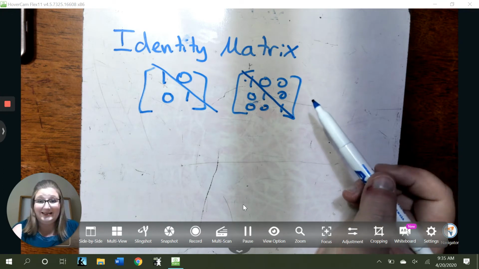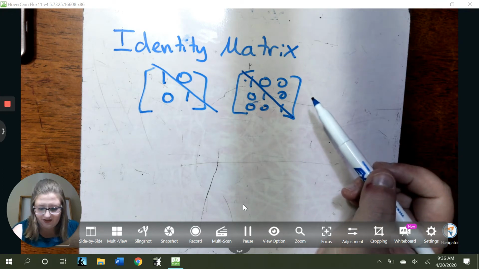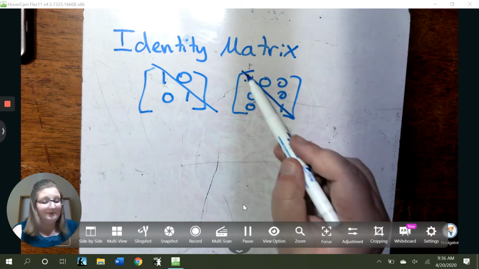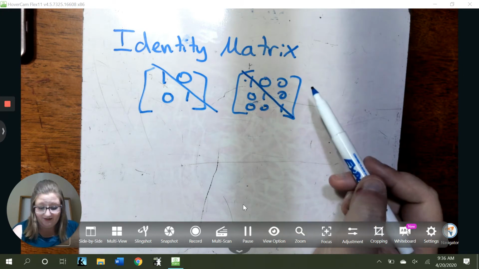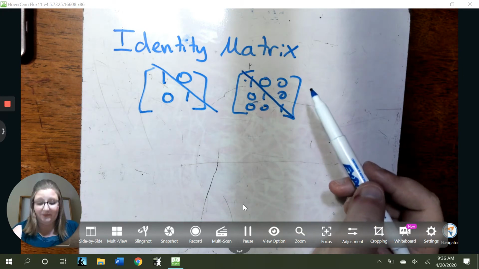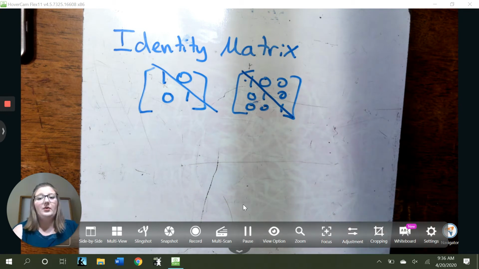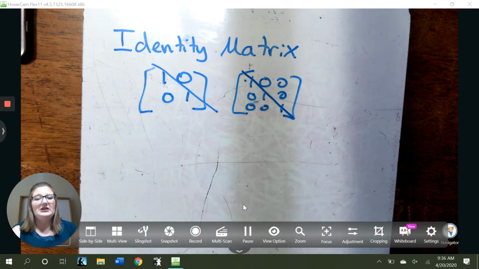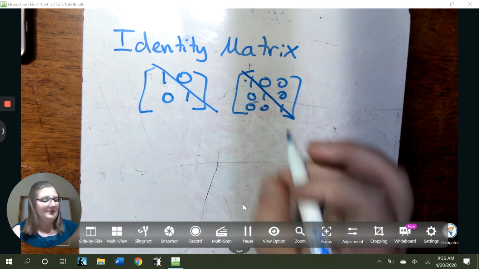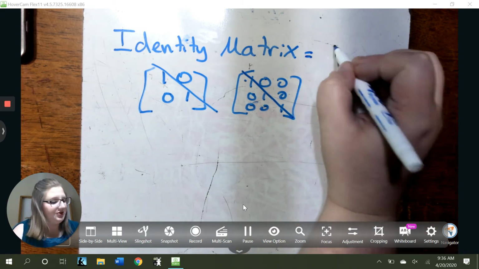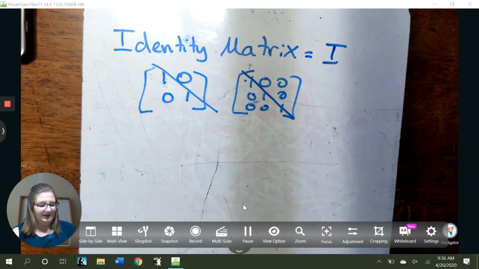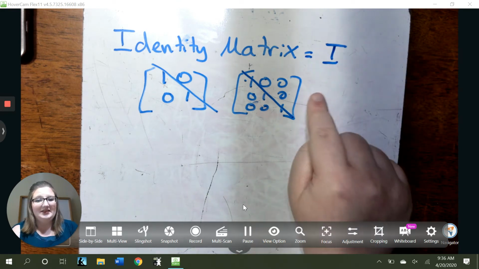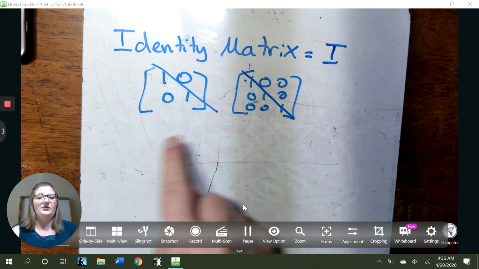So the identity matrix is a matrix where the numbers along the main diagonal are all one, and every other entry is zero. Now, we don't want to have to write out the identity matrix every time it's used, so a lot of times it will be represented with just the letter I. If you see the letter I in a problem, you know that stands for an identity matrix.